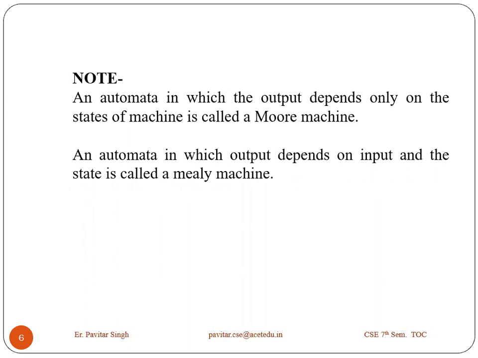So note, an automata in which the output depends on the state of the machine is called a Moore machine. So we have 2 different categories of machine here: one is called Moore and the other is called Mealy. First of all, we'll make you clear about the Moore machine. In case of Moore machine, your output is dependent upon the state only.